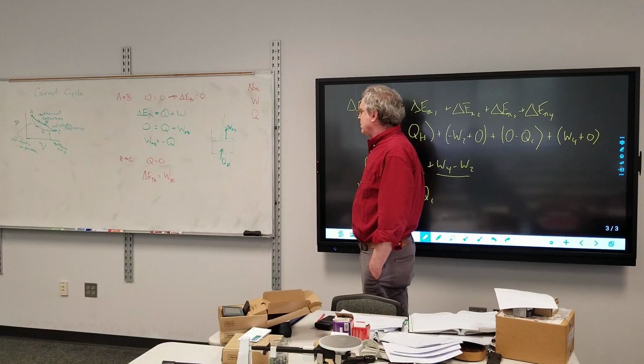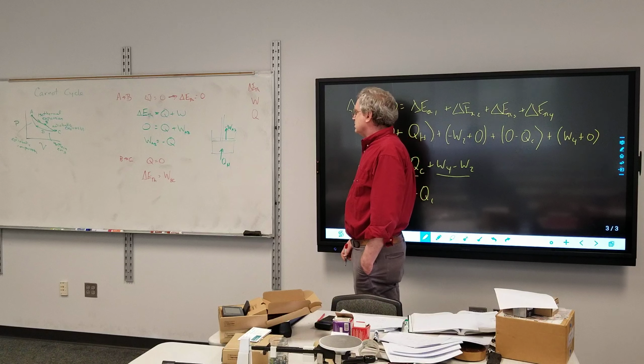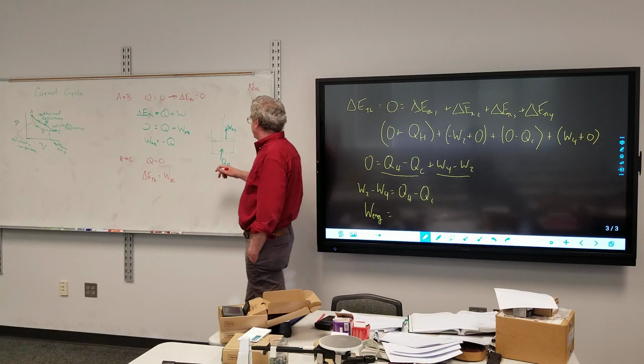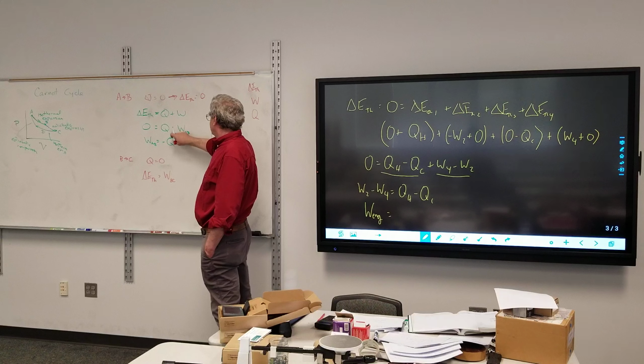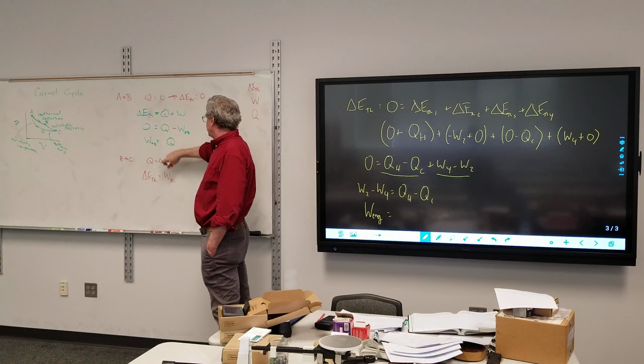I am going to stick with the way my notes are written. This is what I talked about, messing up the negative signs. If we define work AB as the work done by the system, then that would be negative there. That becomes positive.